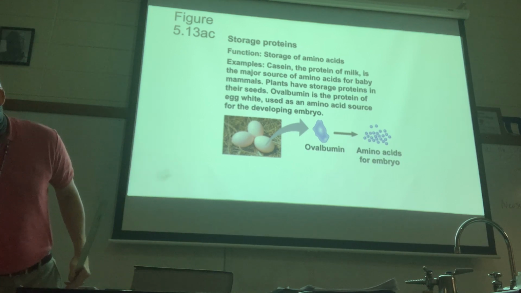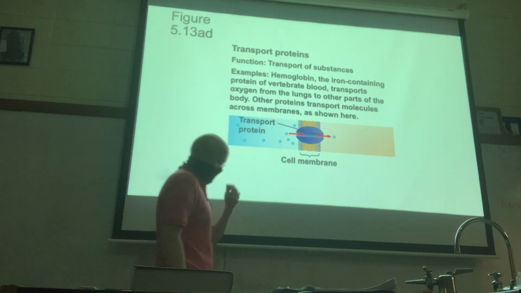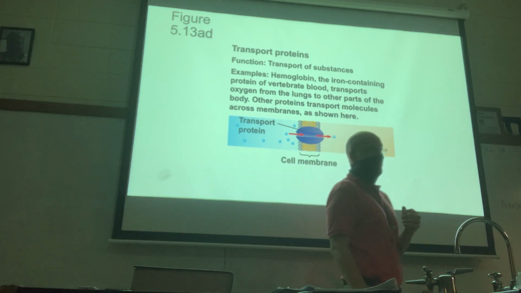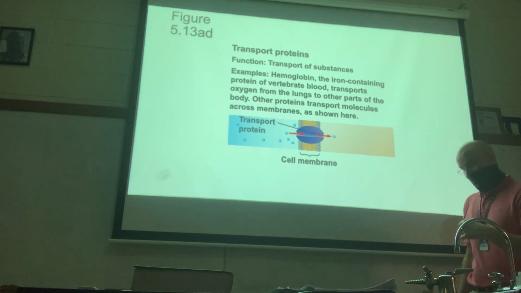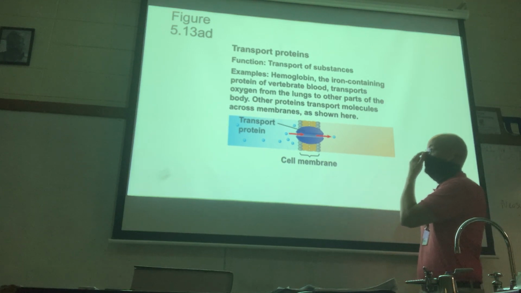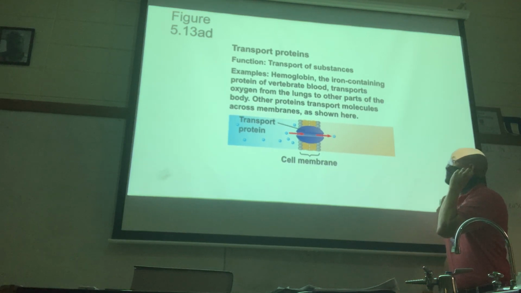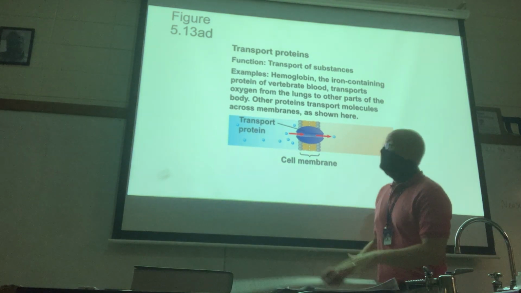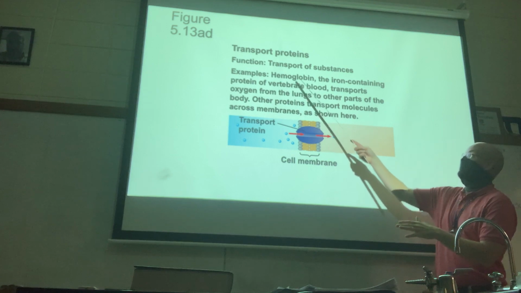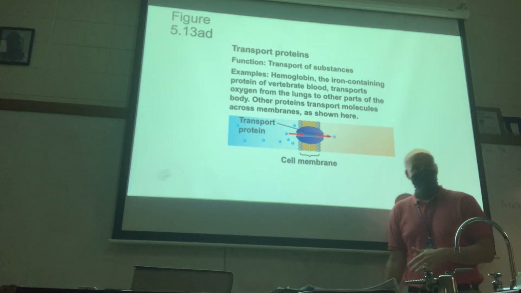All right, another function is to transport materials in and out of cells or around the body. So we talk about transport proteins. Again, no specific example, like they mentioned hemoglobin here.